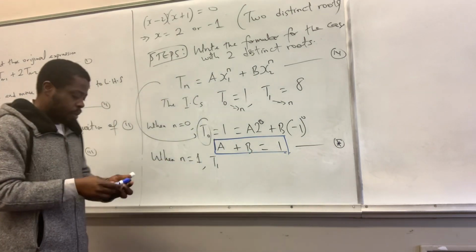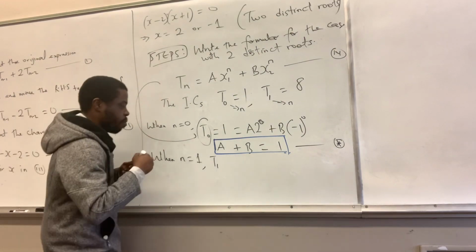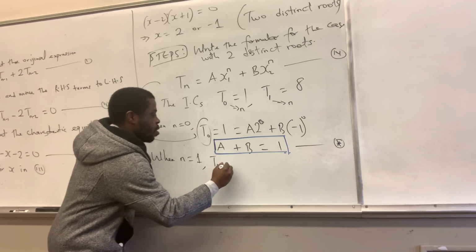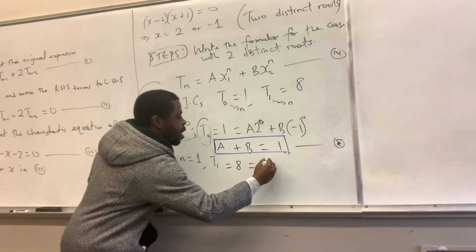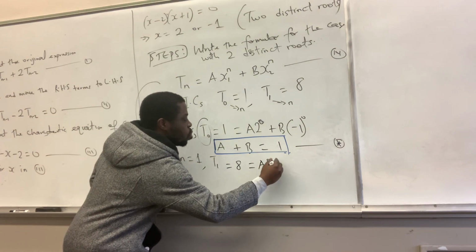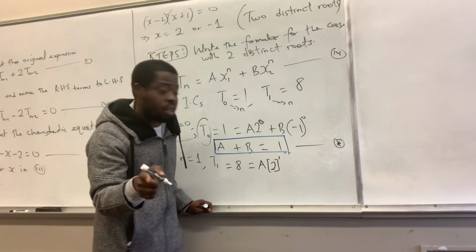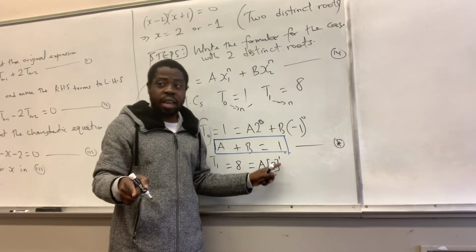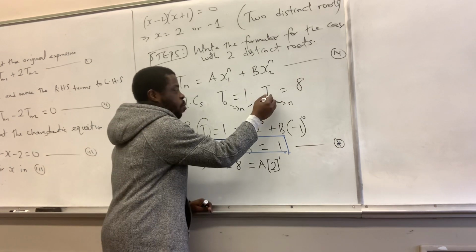Now, when T is 1, T1 equals 8, equals A times 2 to the 1. You have to be careful: you cannot raise it to the power 8. You have to know n is 1.